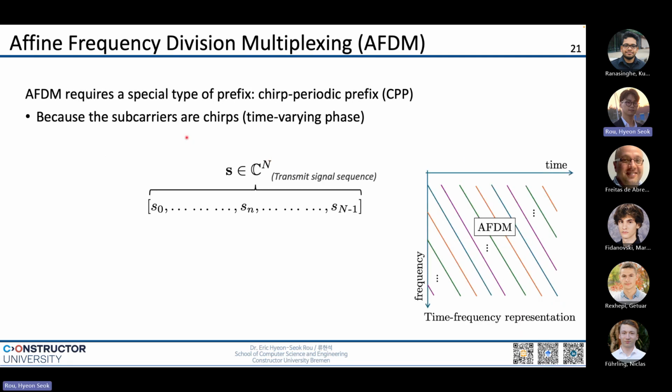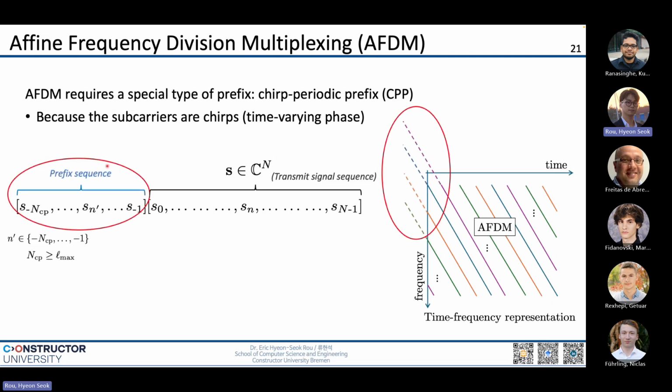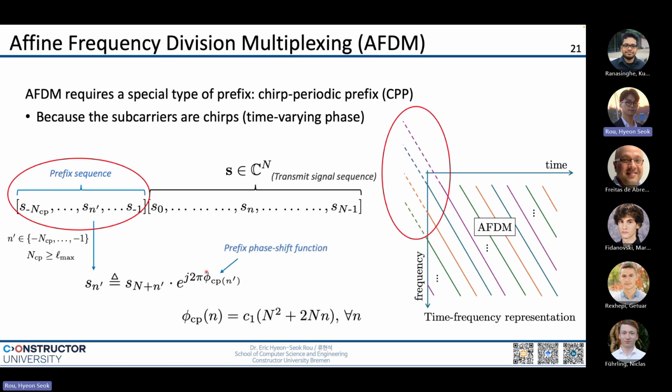And on top of this, because the AFDM subcarriers also lie on a chirp, they require a special type of prefix, which is called the CPP, or the chirp periodic prefix. This is basically identical to the OFDM prefix, but notice that for the visualization I have not wrapped them, so they need another phase correction, which is where our previous phase shift function comes from.